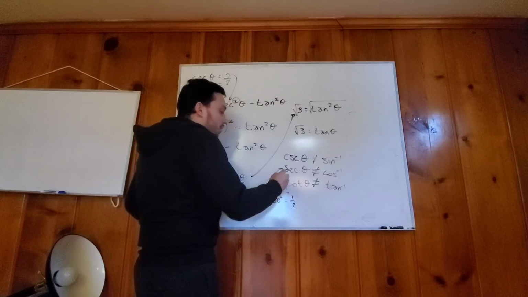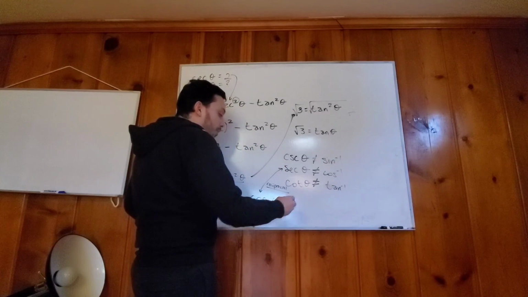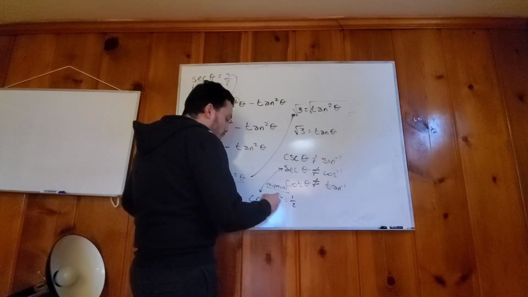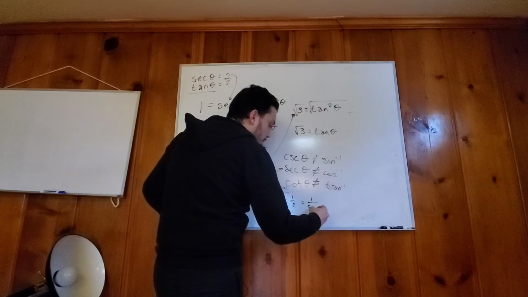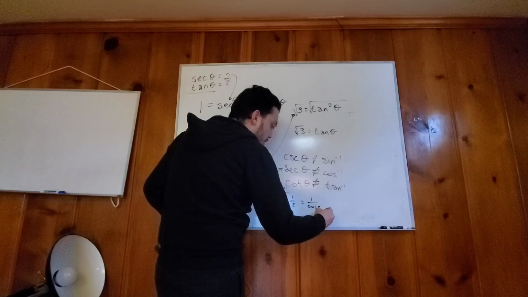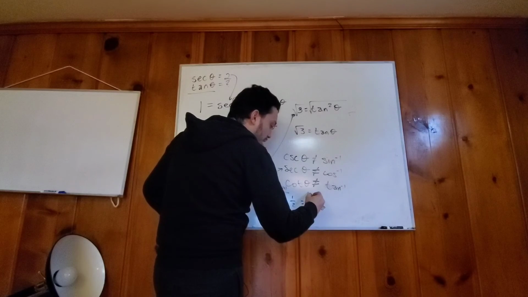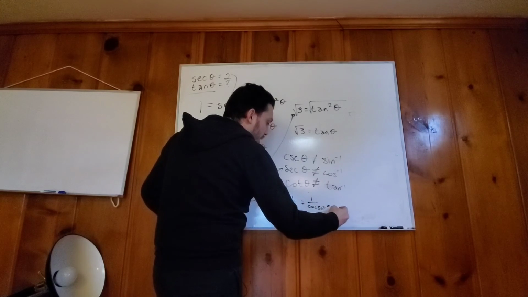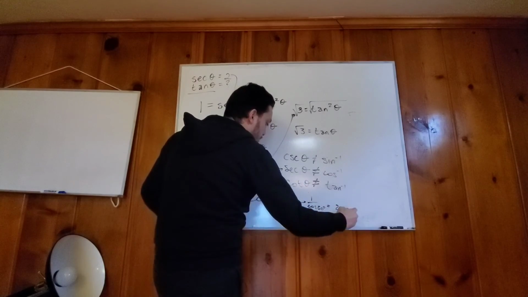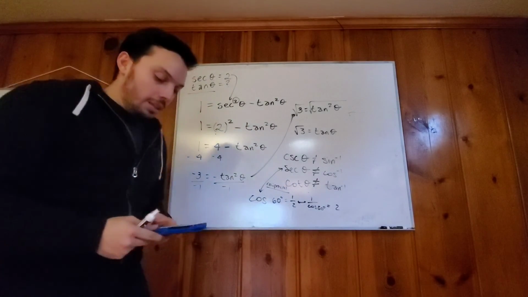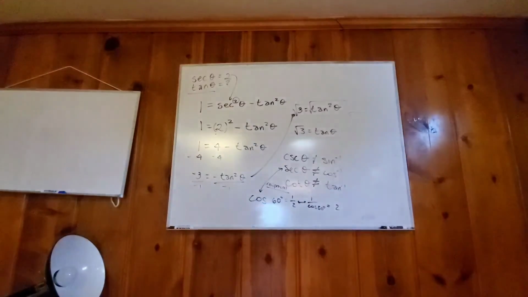Reciprocal. So because secant is the reciprocal, it will be 1 over cosine. And you can actually write it in your calculator like that, 1 over cosine 60, and you will see that it will be 2. I can literally show you so that you guys can see it.